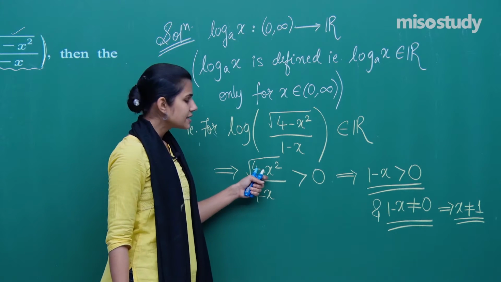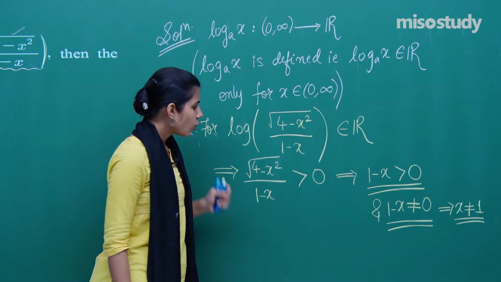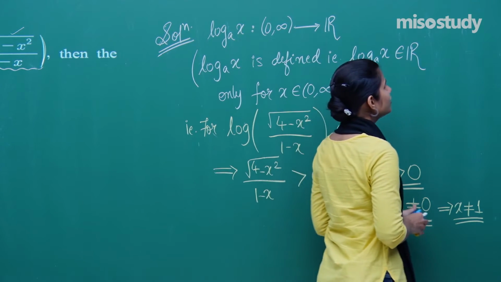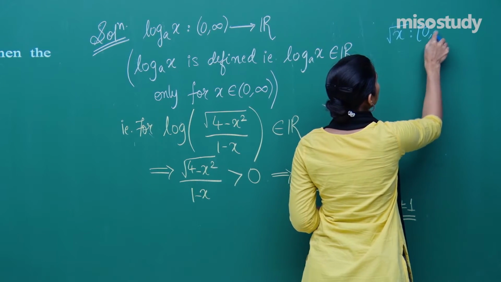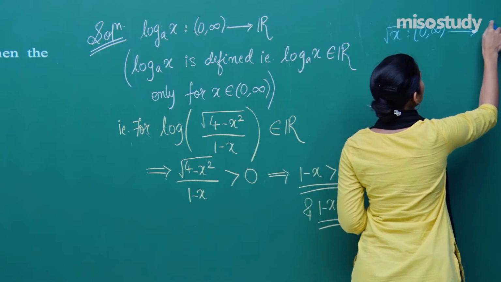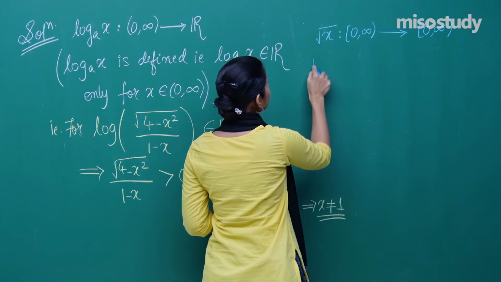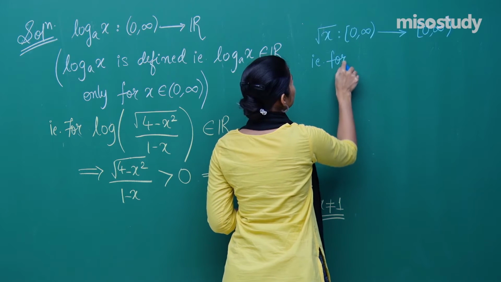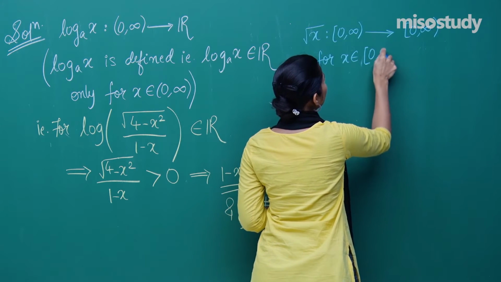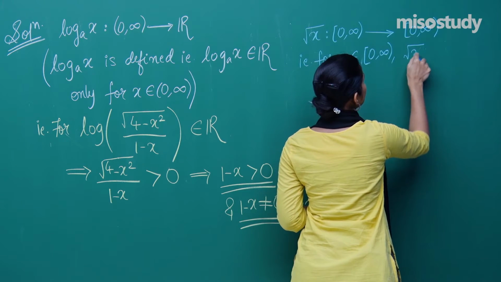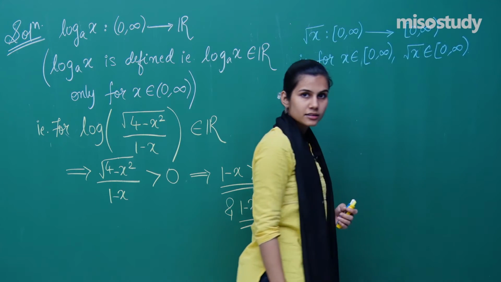But what if inside the under root expression I get a 0? Well, what I am trying to say is, I am just trying to use the concept that root x is defined from 0 comma infinity to 0 comma infinity. That means for x belonging to 0 comma infinity, root x always belongs to 0 comma infinity.